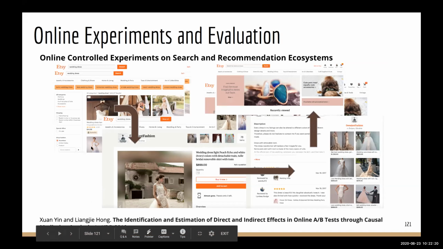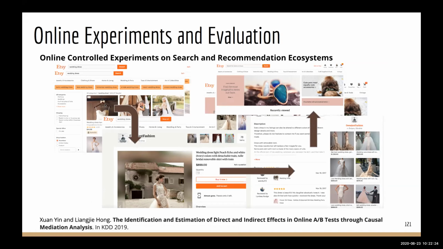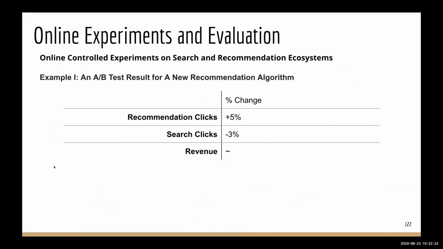This is work that we published last year in KDD, which really makes sense of the search and recommendation ecosystem. So let me motivate the work a little bit more. Imagine this is one A/B test of one of the recommendation modules on the page.